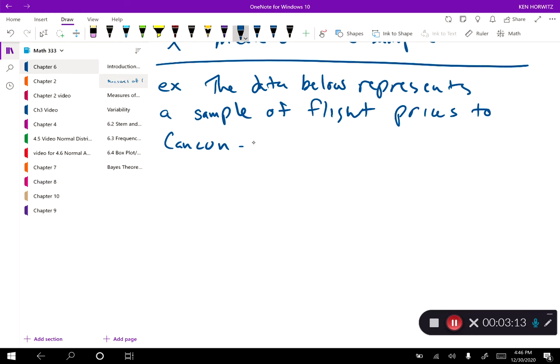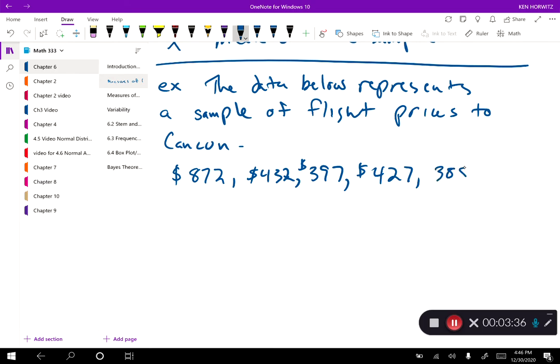Here are the flight prices, in dollars, of course: 872, 432, 397, 427, 388, 782, and 397.